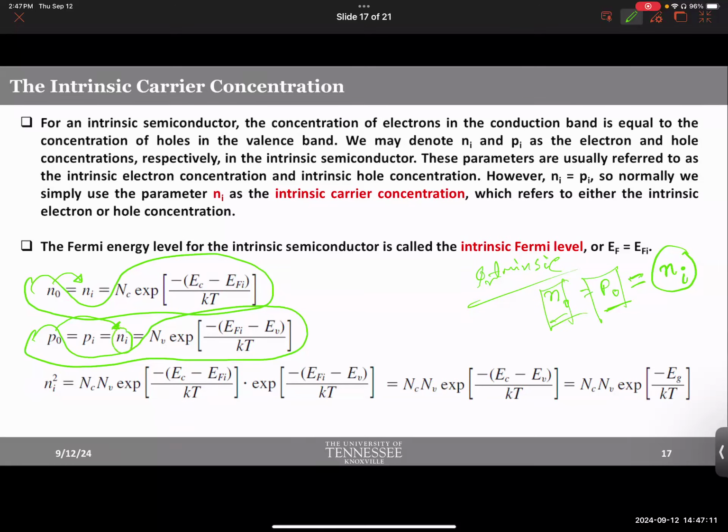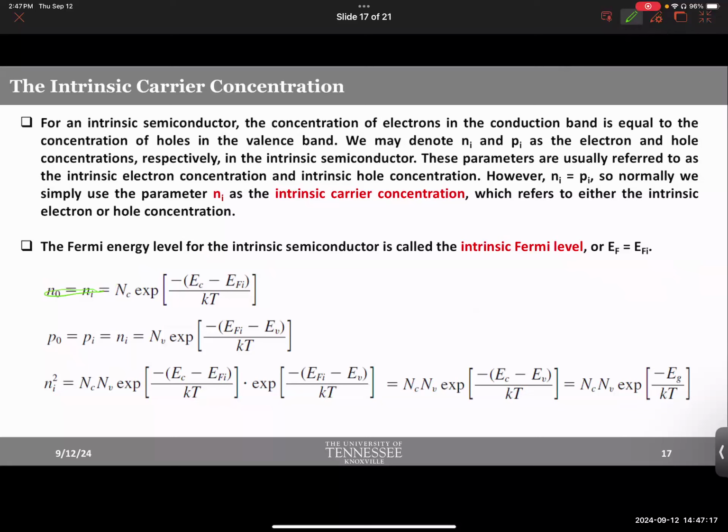People agree to use Ni, which is the intrinsic carrier concentration. So forget about N0 and P0. We are going to use Ni for both electrons and holes. These two equations are valid for an intrinsic semiconductor.